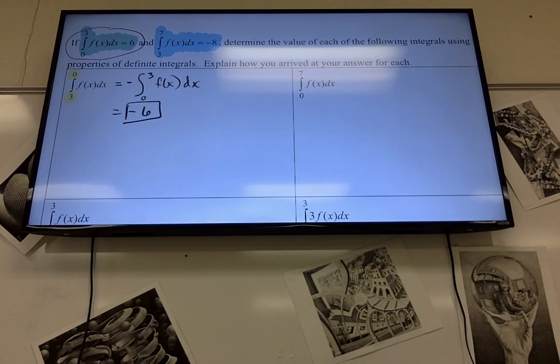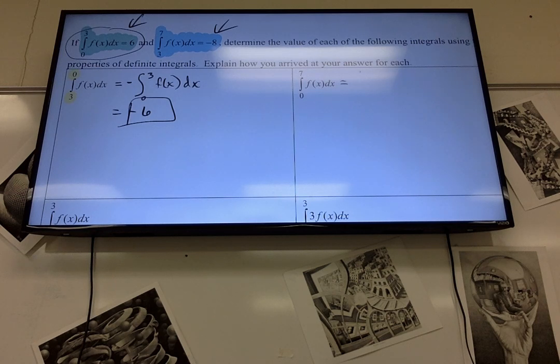All right. We'll go straight across. From 0 to 7, so that starts with this one, and ends up with this one. So from 0 to 7, how would I do that? Yeah, that's right.